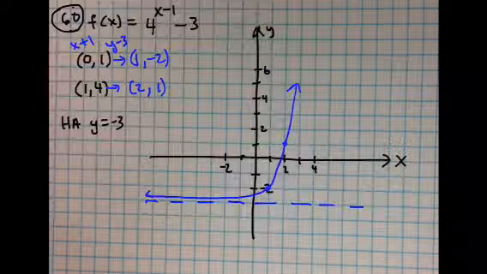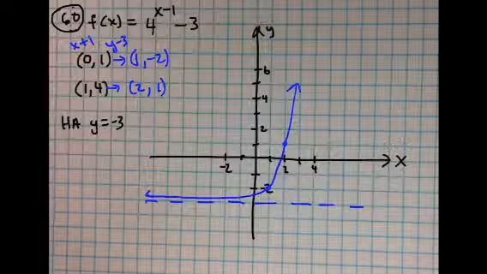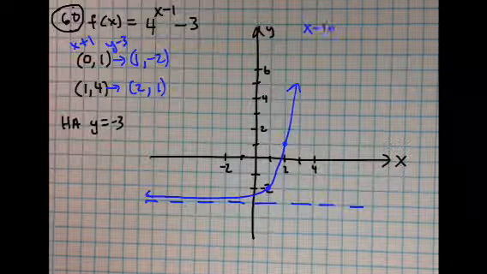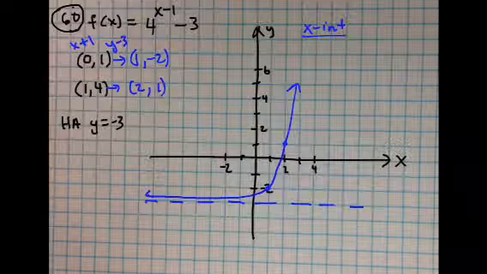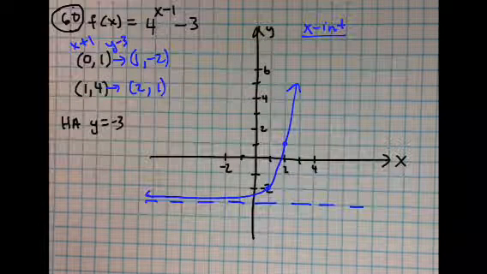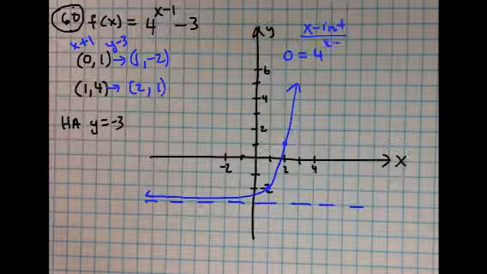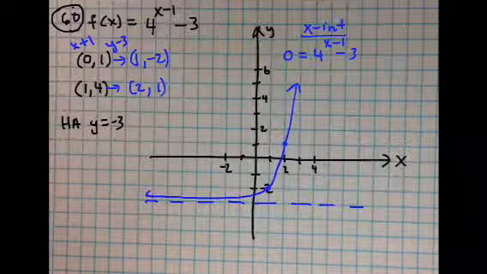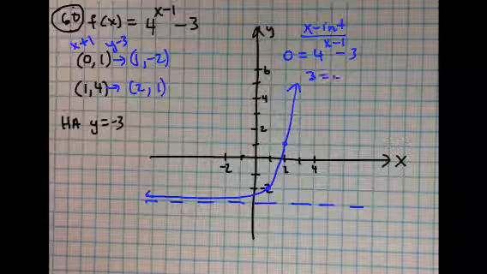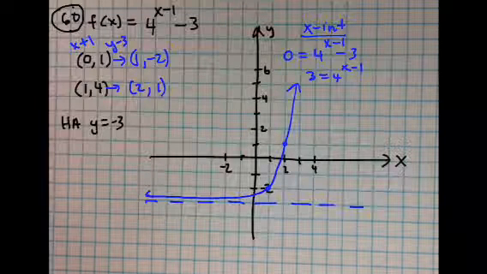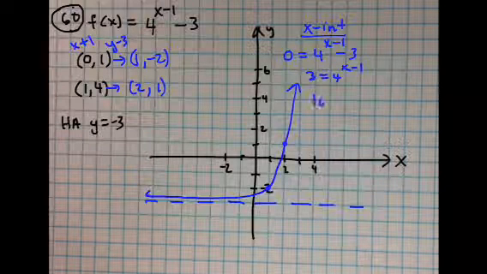Okay, to get the x-intercept, let me put it here on this side. We make the y 0, and then we solve for x. So that means we get 3, and then we change it to log form.